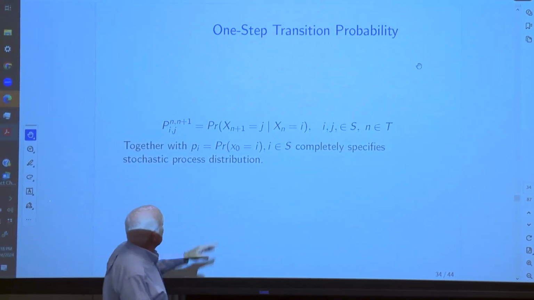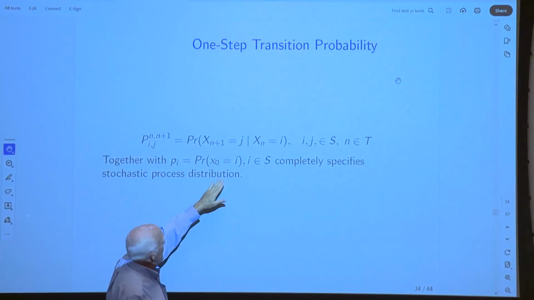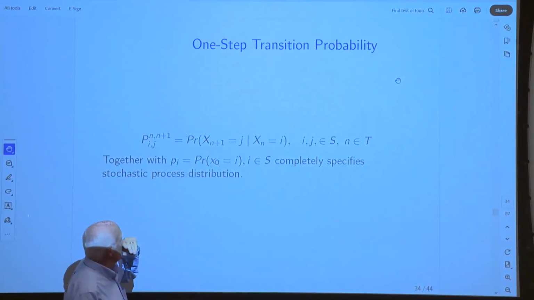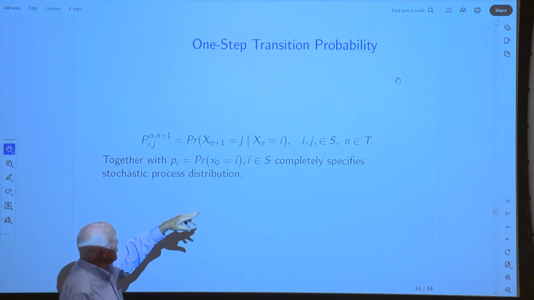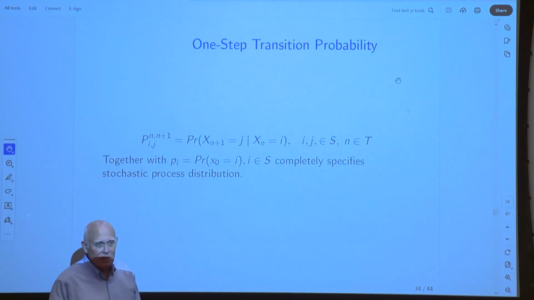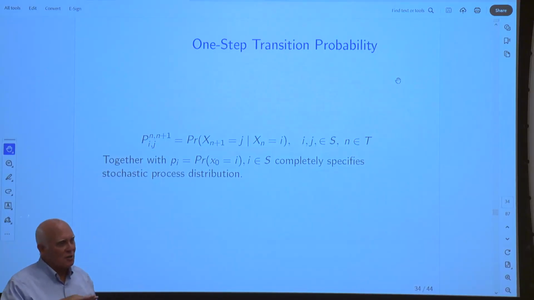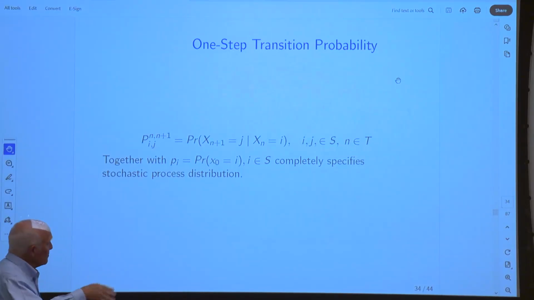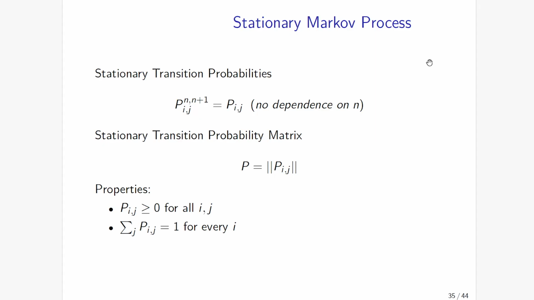Then if we look at the conditional probability from time 0 to 1, we have the conditional probabilities of moving from any state at time 0 to any state at time 1. Those conditional probabilities, together with the marginal probabilities, specify the distribution of the process over states 0 and 1. And we can continue this computation for successive time points and completely specify our stochastic process.